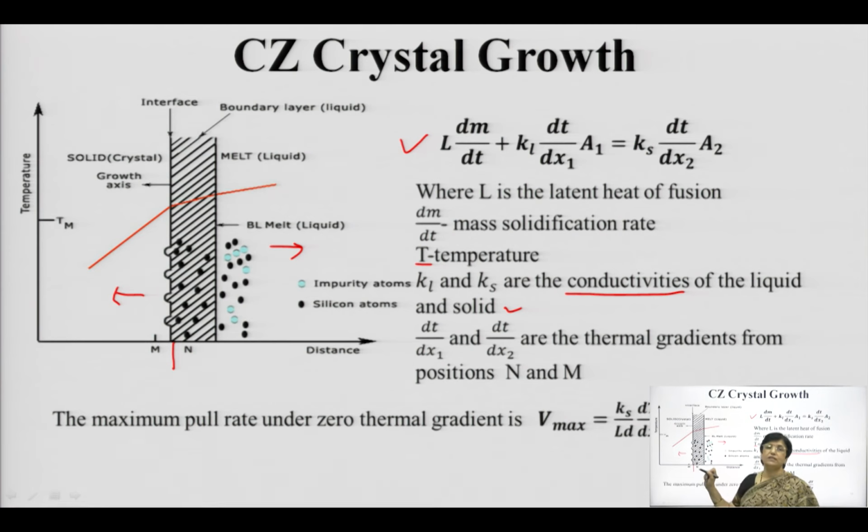This equation is important because it defines the rate at which the growth has to happen and what the maximum rate of growth that can be attained is. Under zero thermal gradient, when there is no difference of temperature, the maximum rate at which the growth can happen, or the pull rate, which is the deciding factor in the growth of silicon, is given by the equation Ks dT upon L dx.